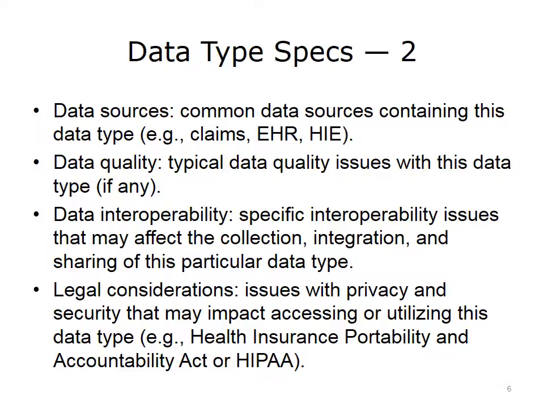And finally, legal considerations will discuss issues with privacy and security that may impact accessing or utilizing this data type for population health data systems. For example, the Health Insurance Portability and Accountability Act, HIPAA, limits the release of certain identifiable information from medical records that may hinder the development of population health data systems.